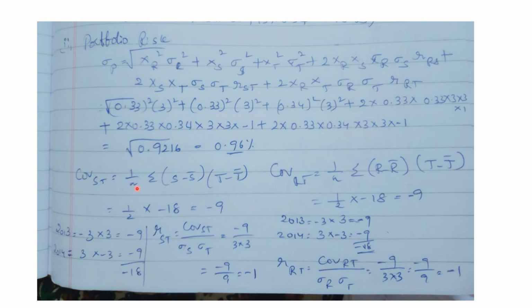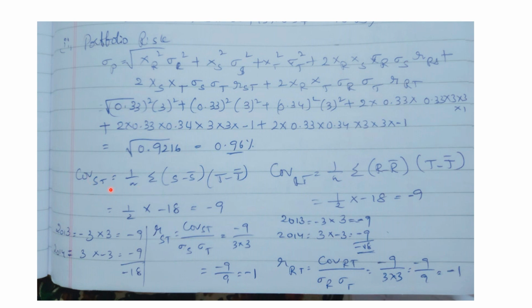First you have to find out the covariance, then the correlation coefficient, because the correlation coefficient is nothing but covariance upon standard deviation S into standard deviation T. For that you have to find out the covariance first.